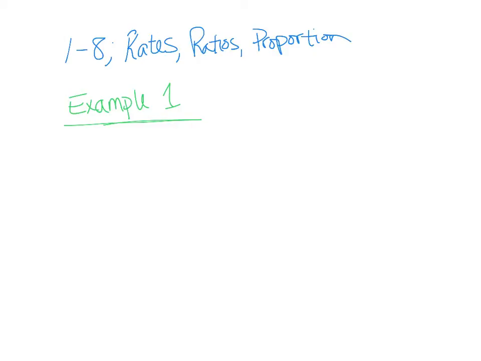So we have faculty to students is 1 to 15. Okay, the colon is read as "to", I'm sorry. Faculty to students is 1 to 15. So since faculty is first, the first number, 1, applies to it, and since students is second, the 15 applies to students.